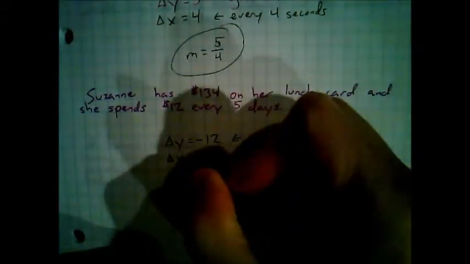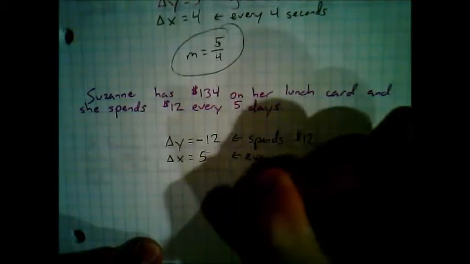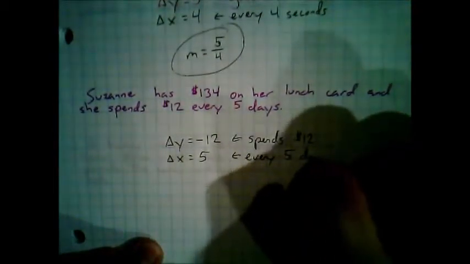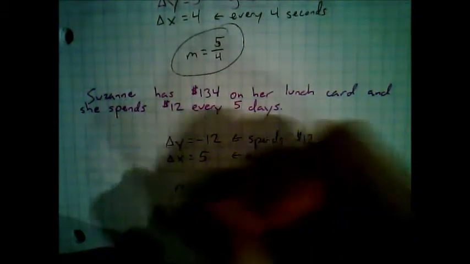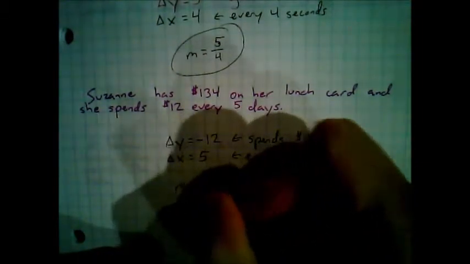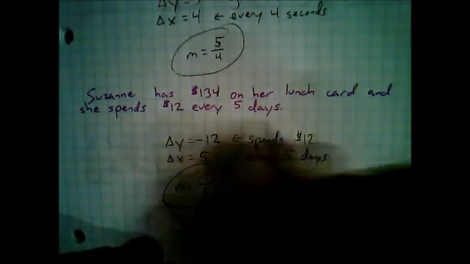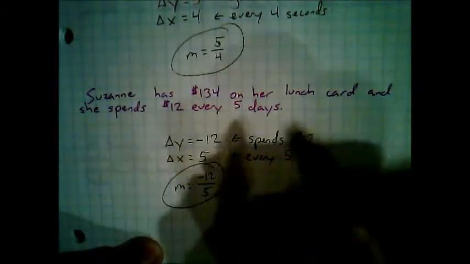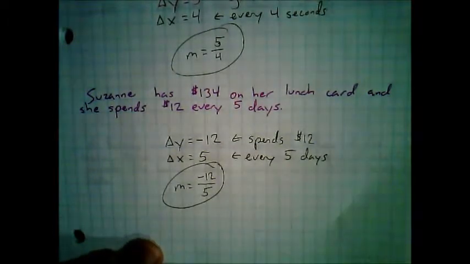Well, she spends those $12 every 5 days. So our slope is still delta y over delta x, so our slope is negative 12/5. Okay, she spends $12 every 5 days. That's exactly what it says in the problem. So our slope is negative 12/5.